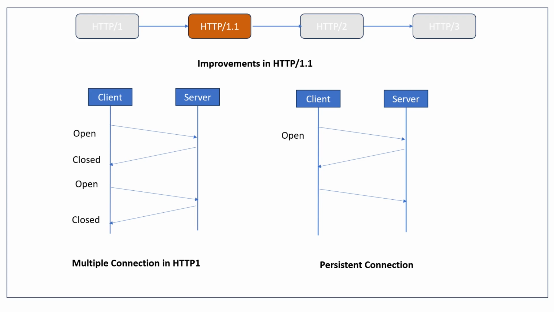Then we fetch resources from the server, and then at last we can close the connection. So in the 1.1 version of HTTP, we have this persistent connection improvement. It basically removes the issue that for every resource we have to open and close connections. That is a good improvement, right?